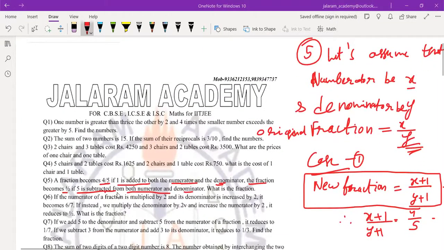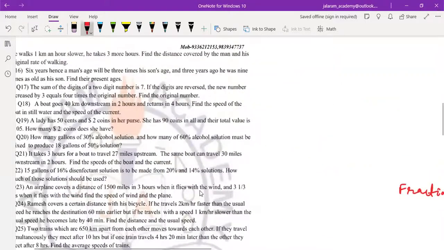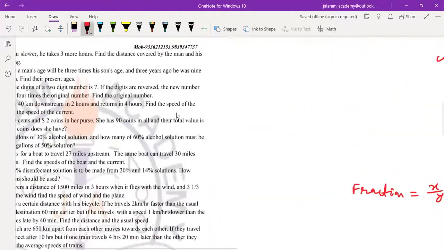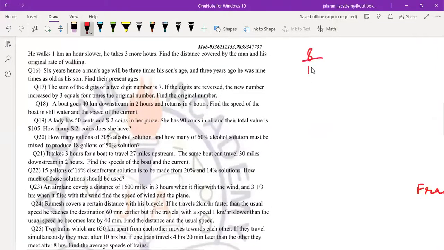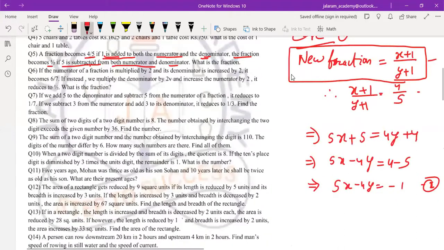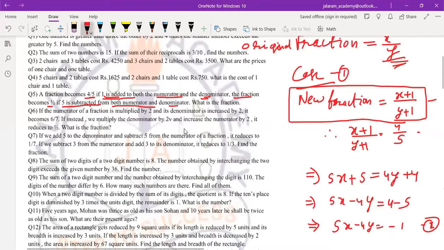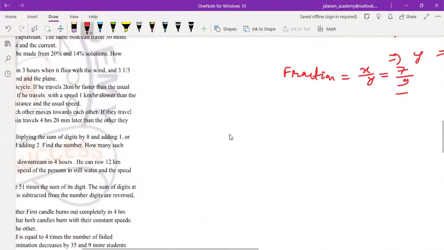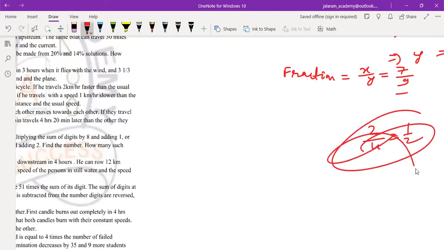If 1 is added to both the numerator and denominator, 7 by 9 becomes 8 by 10, and on simplifying, it becomes 4 by 5. Then again, if 5 is subtracted from both, it becomes 4 minus 5... 8 minus 5, 3... 4 by 5 minus 5 is 2 by 7 minus 5, 2, 9 minus 5, 4. So 1 by 2 means our answer is correct. So the correct answer is 7 by 9.